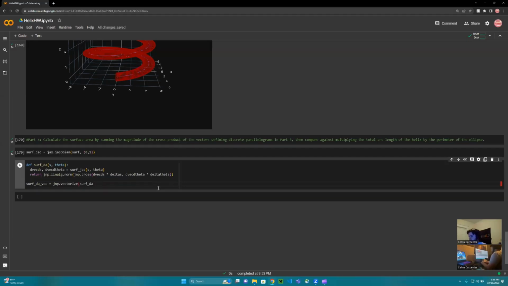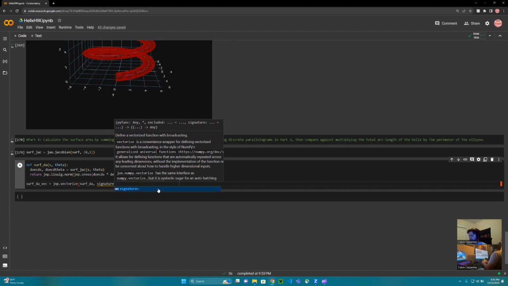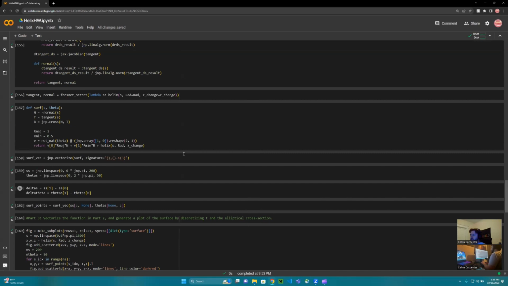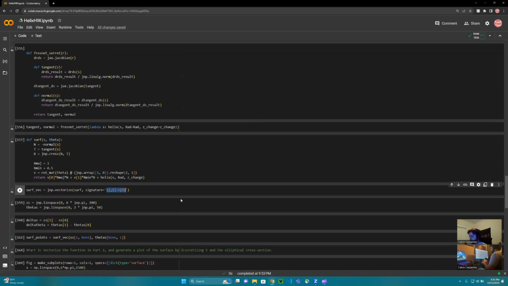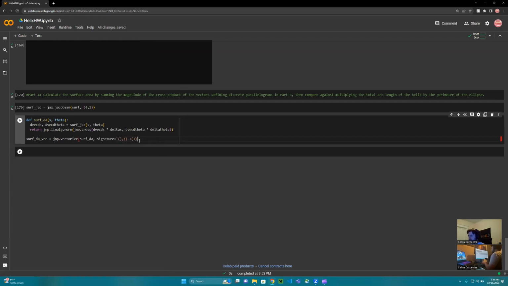I don't think this is supposed to be here, so let's go back up here and get the little copy paste going. Except we're going to leave this open. All right, so that should vectorize our surf dA function.